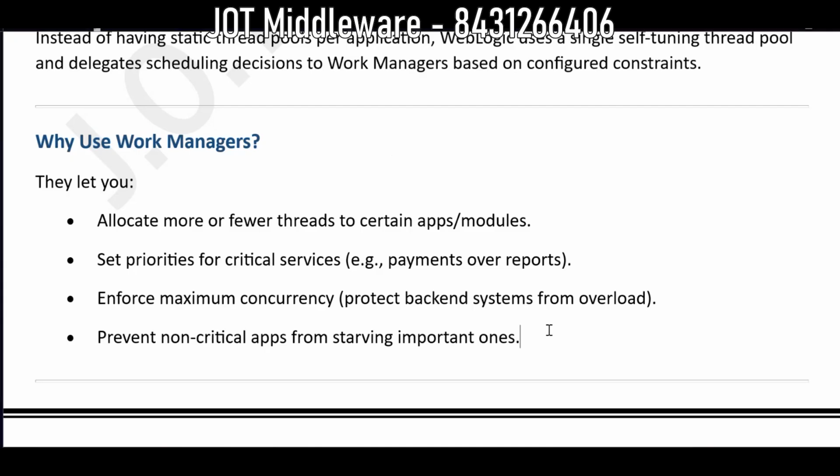So there the work manager comes into the picture. You can enforce maximum concurrency, limiting it at a time simultaneously. This is the maximum number of threads or requests that should be allocated resources so that it can protect the backend systems from getting overloaded.